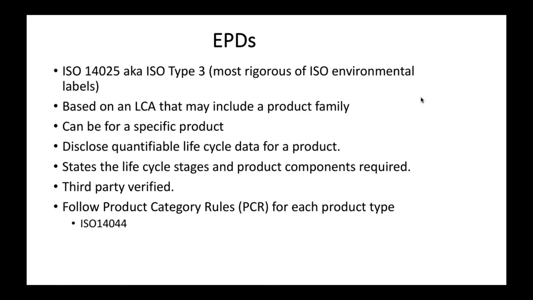But those are put out more generally and can cover your product and give project teams that are using your product credit towards this credit without you having your own life cycle assessment and EPD.